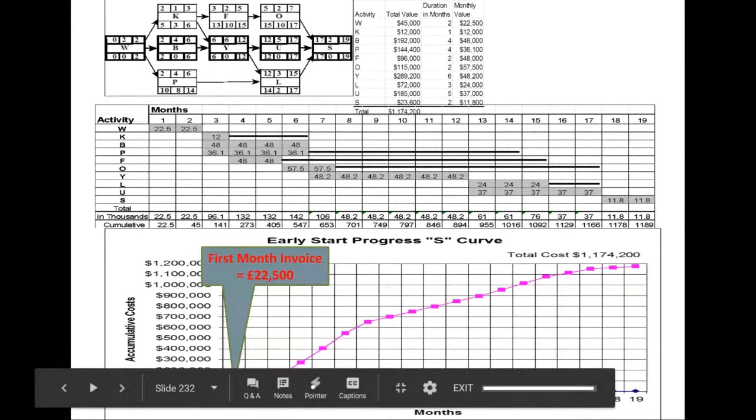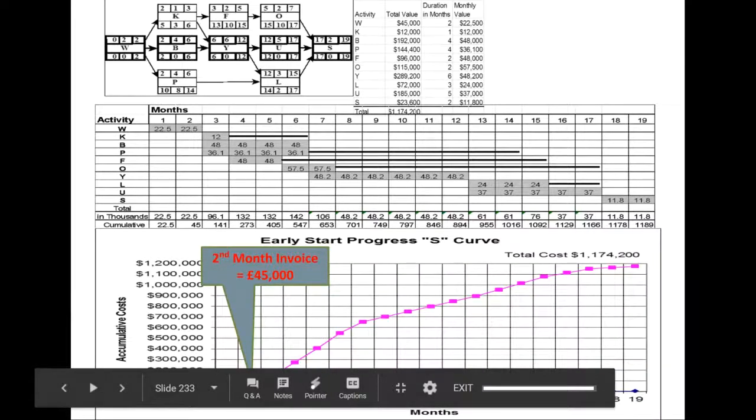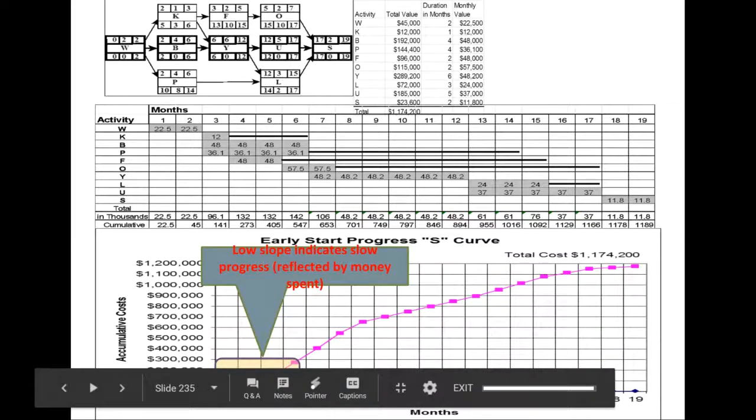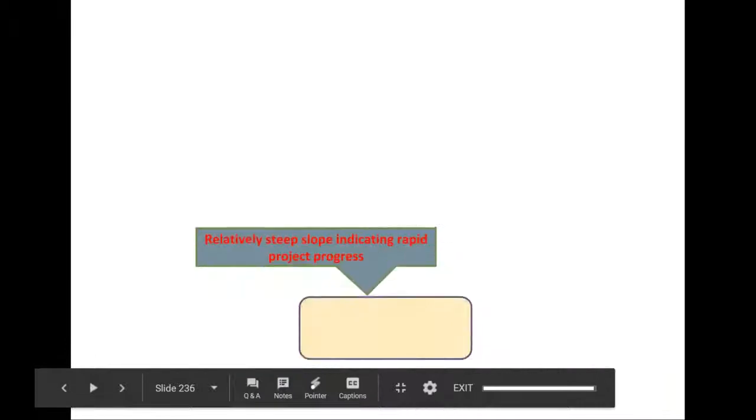Here in the early start S curve, the first month cumulative spend was 22.5. The second month cumulative spend was 45 grand. Third month 141. Using this information we have plotted, we can see from the early start S curve that it's a low slope indicating slow progress, which is also reflected by not a great deal of money being spent in the early stages of the project.